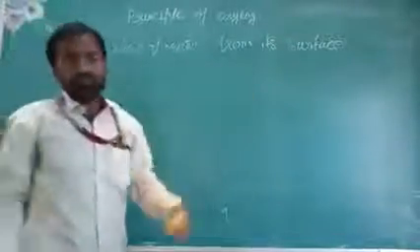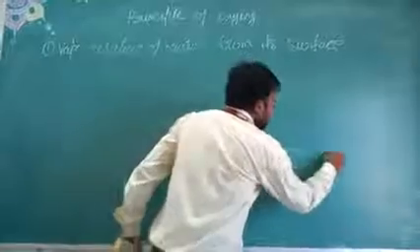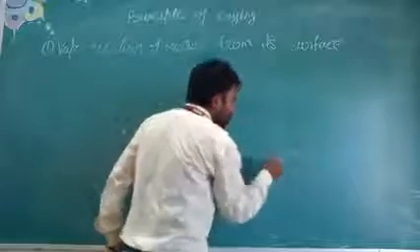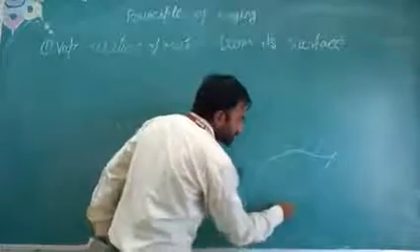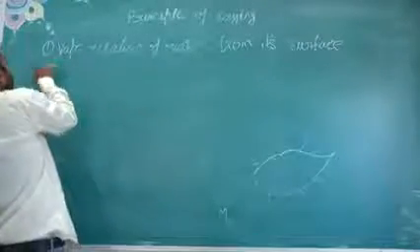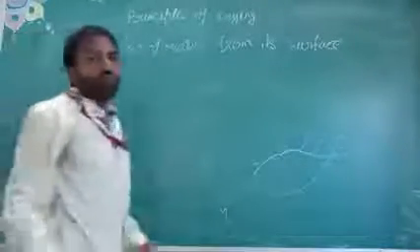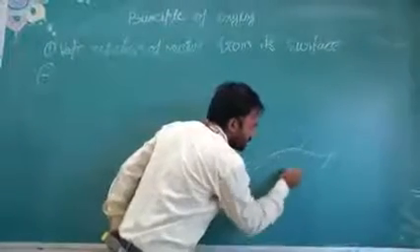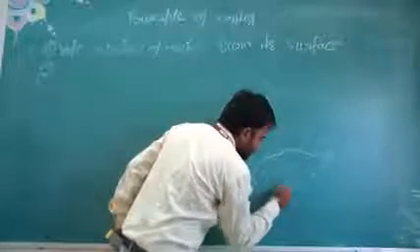Vaporization of moisture from its surface, like this is grain. When we go through drying, the first one is vaporization of moisture from its surface, and second, movement of moisture from the interior part of the grain to its surface.